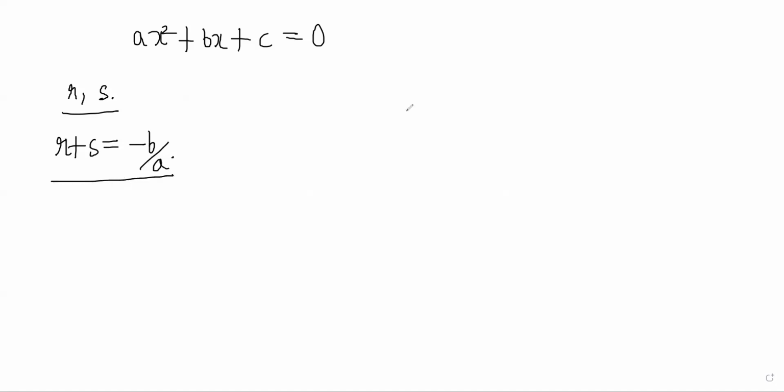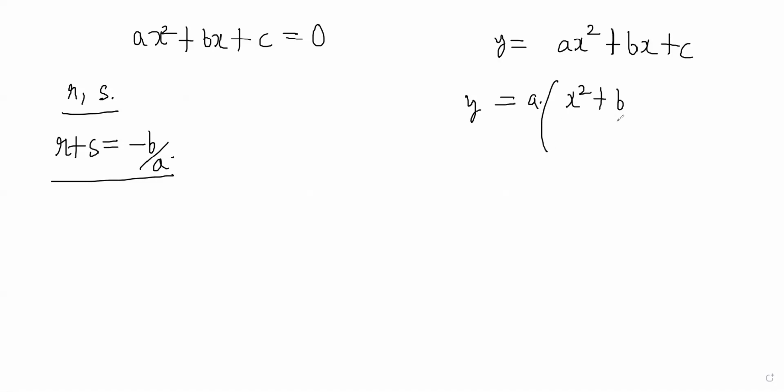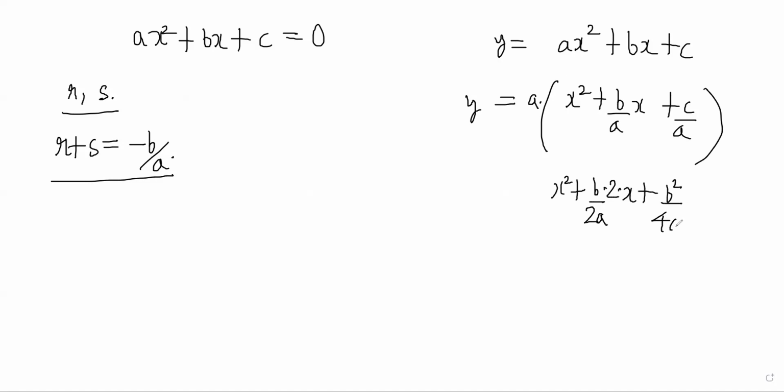And now I will simplify this equation and make it a perfect square and find the vertex. To do that, I have to take a common. I get x square plus b by a x plus c by a. And now I have to write this as x square plus b by 2a times 2 times x plus b square by 4a square plus c by a minus b square by 4a square, whole thing multiplied by a, right?